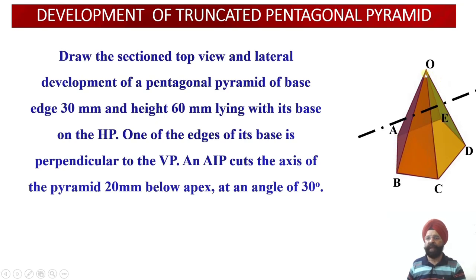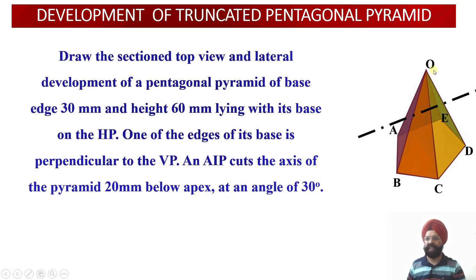And this pyramid is cut by an auxiliary inclined plane which is perpendicular to VP and inclined to HP at an angle of 30 degree. And where does it cut this particular pentagonal pyramid? It is cutting the pentagonal pyramid at a point on the axis 20 millimeter below the apex.